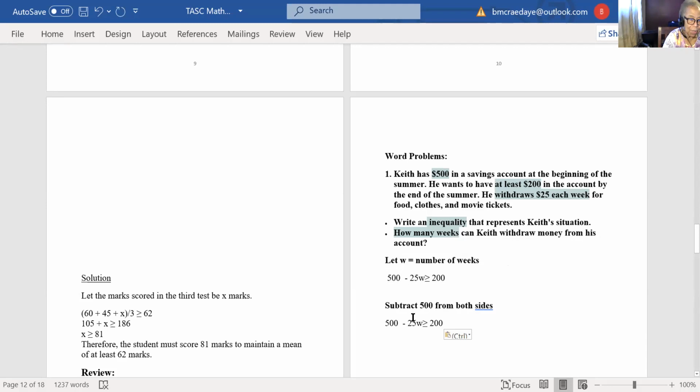Okay, so this would be minus 500 on the left, and it would be minus 500 on the right. Now, what do we get left on the left side, Vanessa? No, on the left side.